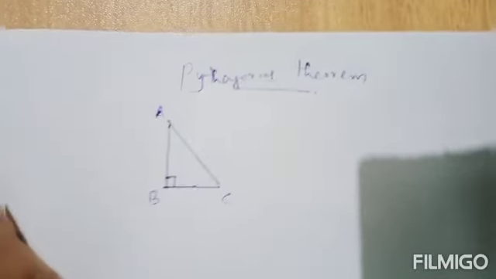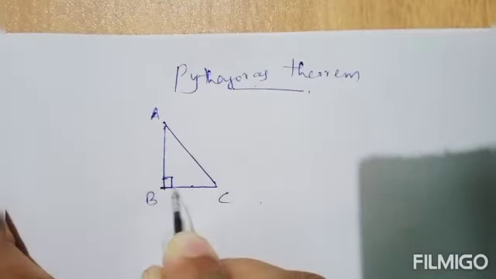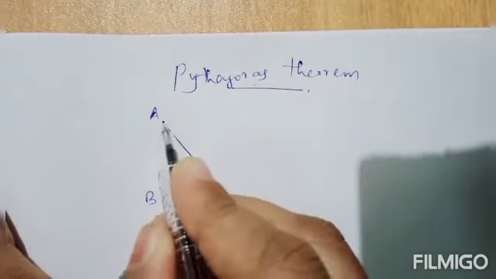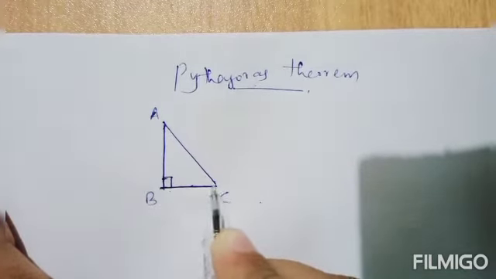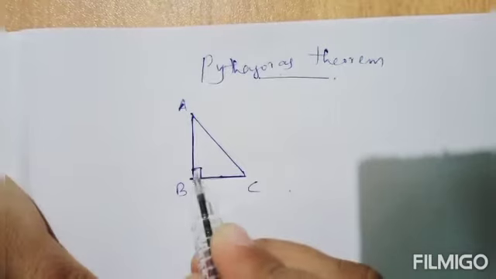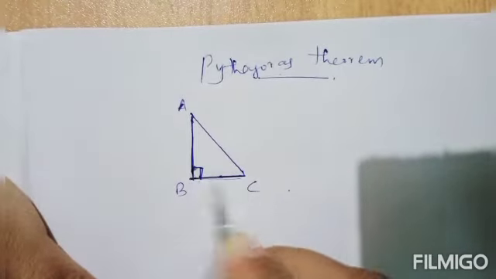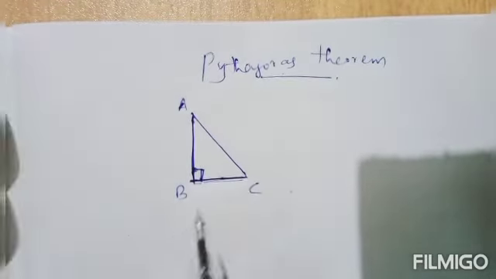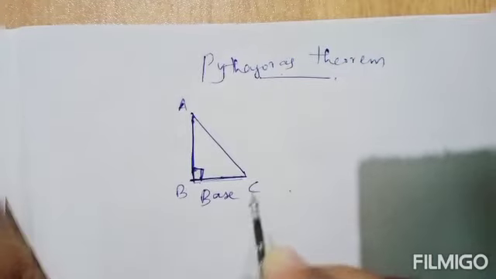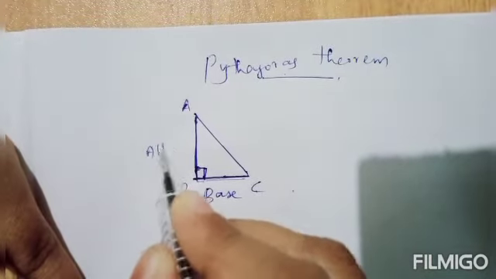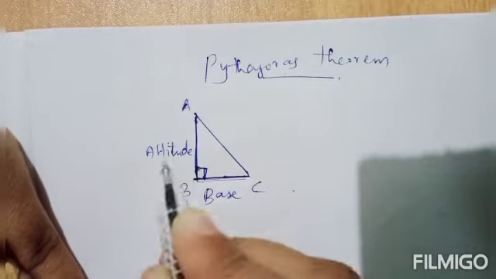Now in the case of a right angled triangle, of the sides which form the right angle, one side you can take as base, the other side you can take as altitude or height. Altitude means height.